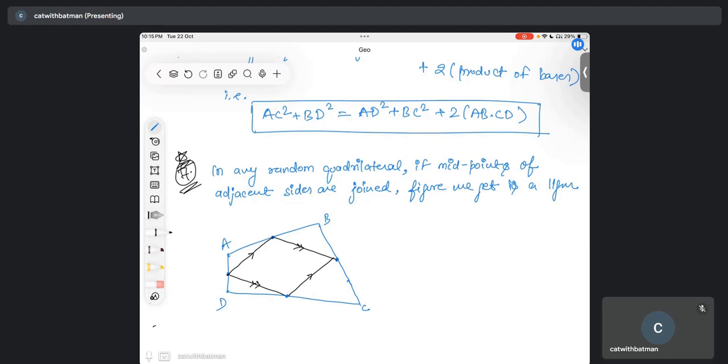And if in any question you find them, then you can note it down. Otherwise, I think these are most of the properties that are there. At least I can say 95% or 98% of the properties I have covered. So you can easily go into the CAT with these properties of quadrilaterals that I have just provided.